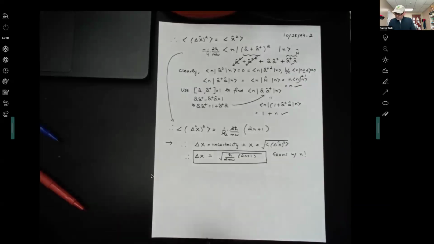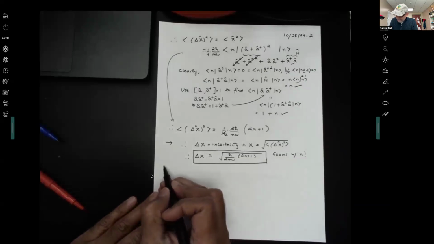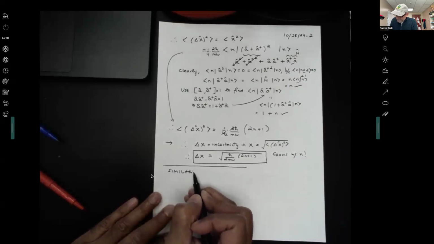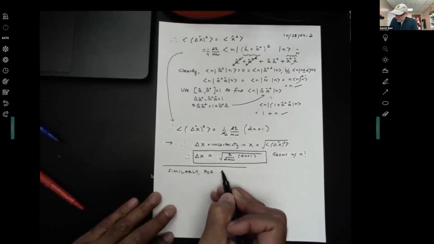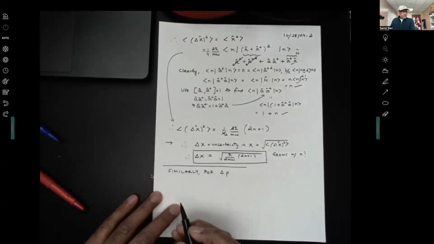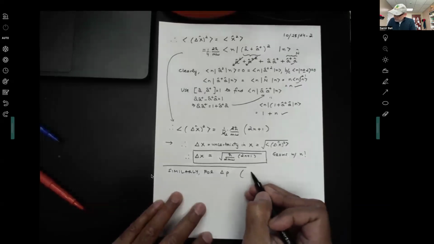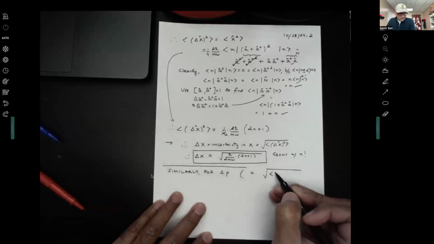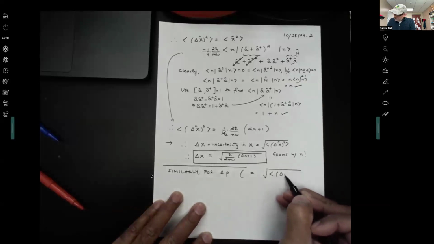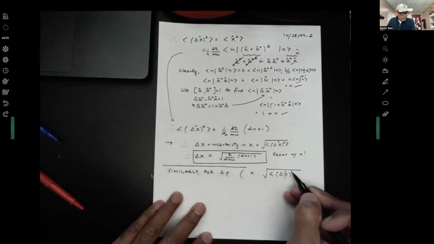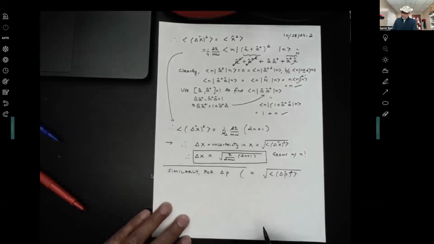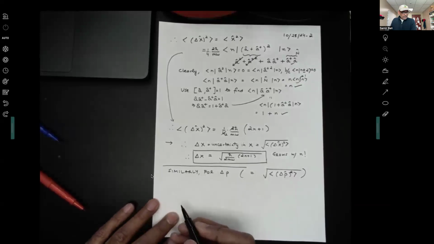Similarly, for delta p, this again is equal to the square root of the square deviation of the operator p. So that's what we're trying to calculate.